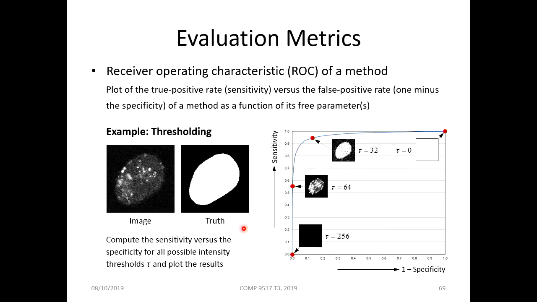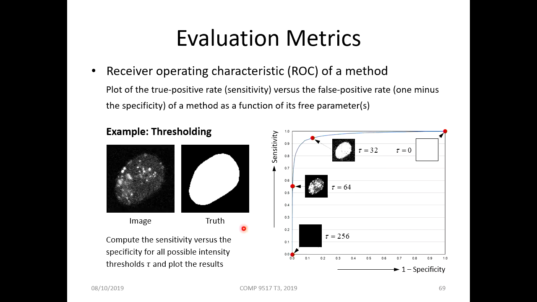And the question is, when you apply any segmentation method, how does the result actually depend on these free parameters? So when I start varying them, how much will that affect my end result? And this is a very important thing to look at when you evaluate segmentation methods. How does the segmentation behave as a function of changing the free parameter or parameters?